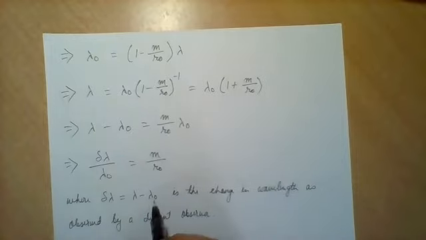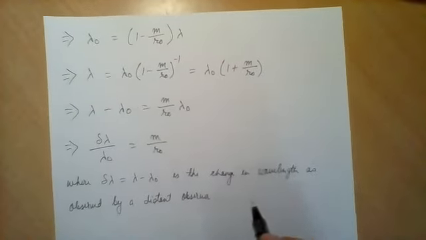This is the wavelength as emitted by the source, and this is the wavelength as observed by the distant observer. So lambda is larger than lambda0 because of redshift.